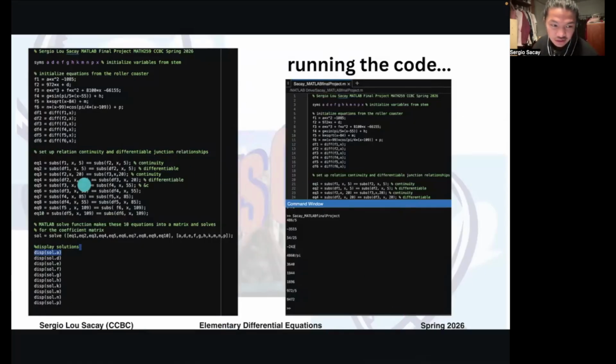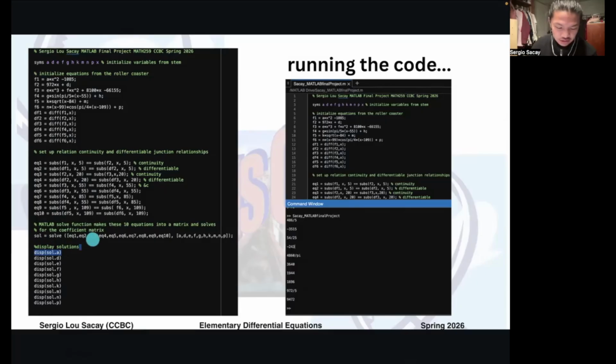After that, MATLAB actually does the derivative inside the code, so it's pretty cool. And all these relationships are from the slide before. And then we can display each solution. We're going to solve for each solution, equation 1, equation 2.